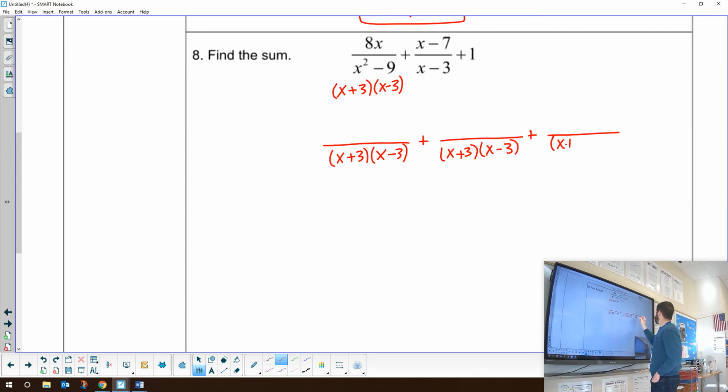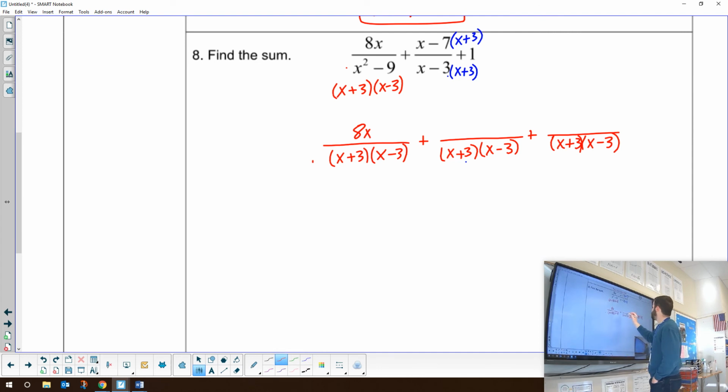Alright, so we're going to be able to combine these fractions, but now let's figure out what the top should look like. Well, to get from this to this, I didn't have to change anything, so that's just going to stay 8x on top. However, to get from x minus 3 to here, I had to multiply by x plus 3. So we need to multiply this top by x plus 3 as well.